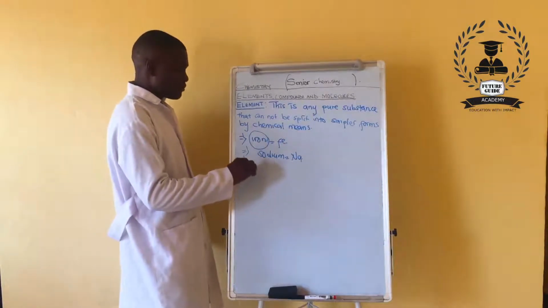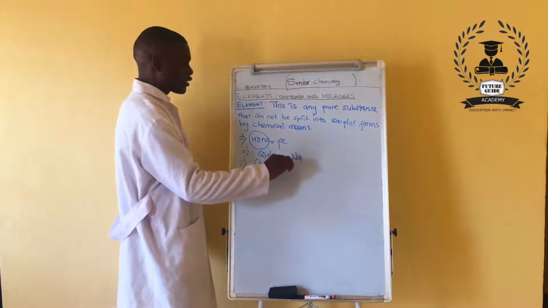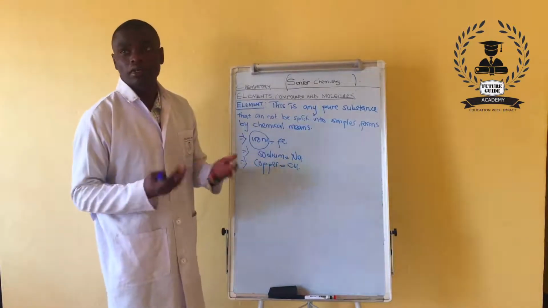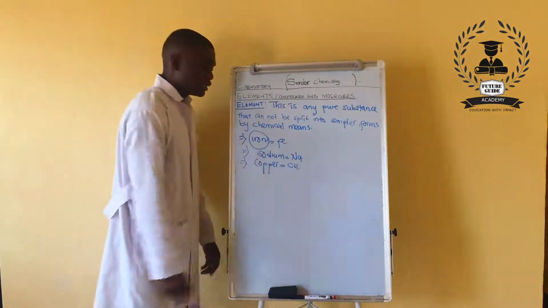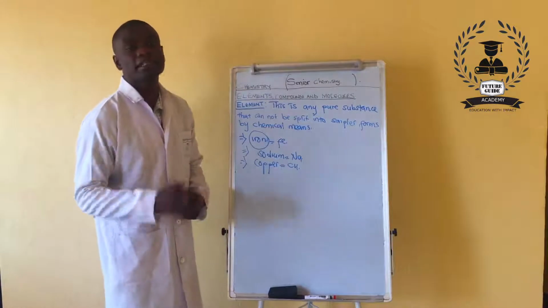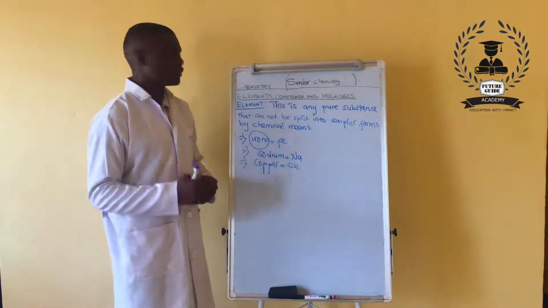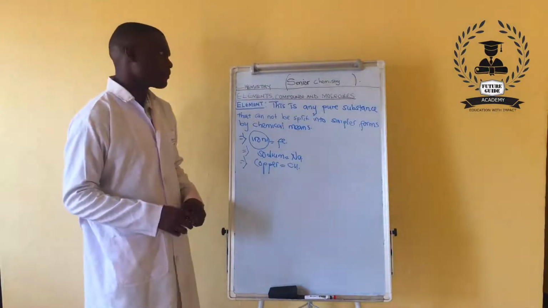Another very good example is copper. When it's pure, you cannot separate it by any chemical means. So if someone gives you an element, just know that when we are talking about dividing or splitting it, it's something that is impossible. These are the examples that we've given out.